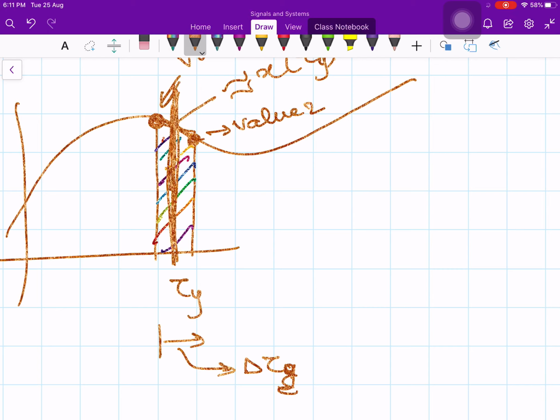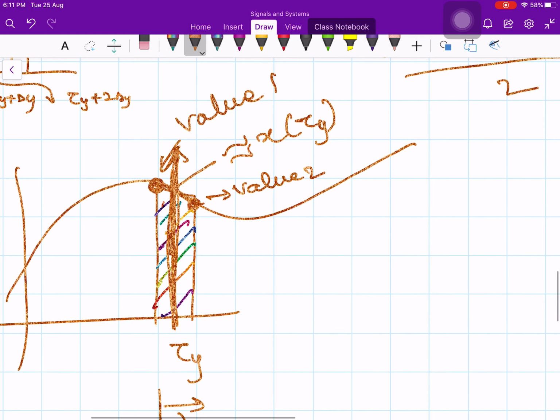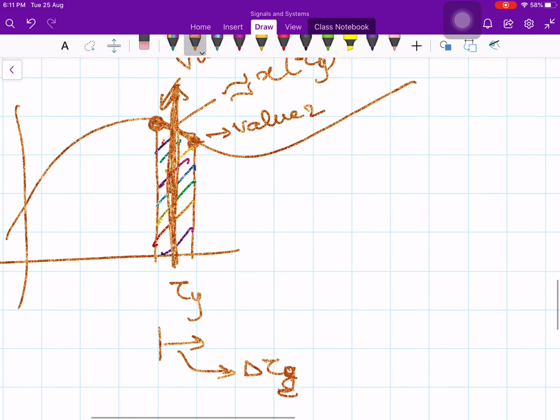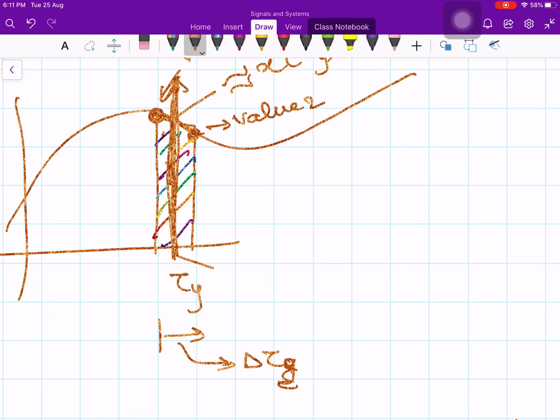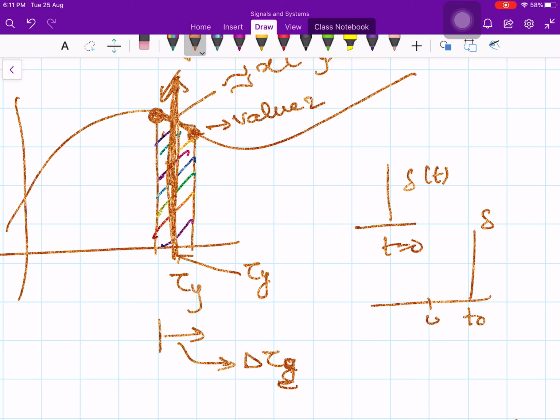That impulse is delta of tau y. And what is this point? This point is tau y. If the impulse is situated at t equals 0, then you write delta of t. If the impulse is situated at some other location, let's say t naught, then you write this impulse as delta of t minus t naught, right? Similarly, here this impulse is located at tau y, therefore this is denoted by delta of t minus tau y.